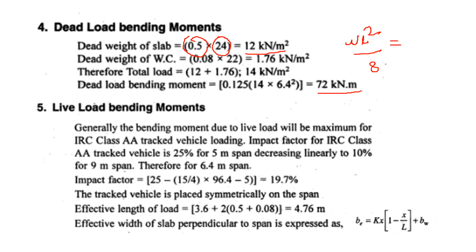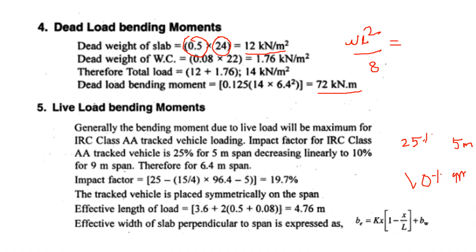So the next step is to calculate the live load bending moment. As we know, for the IRC Class A tracked vehicle, the impact factor is 25% for 5 meter, and it is decreasing to 10% for 9 meter.